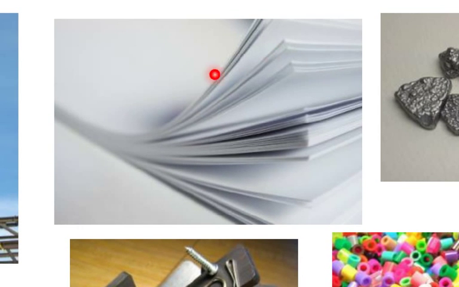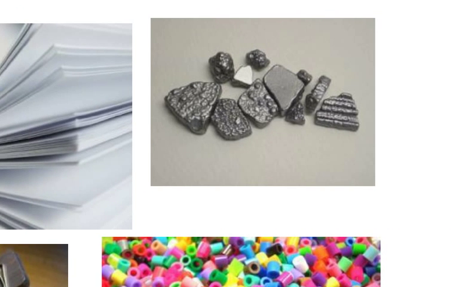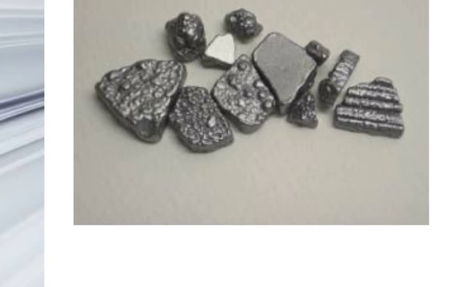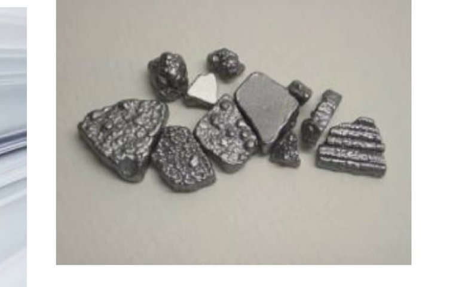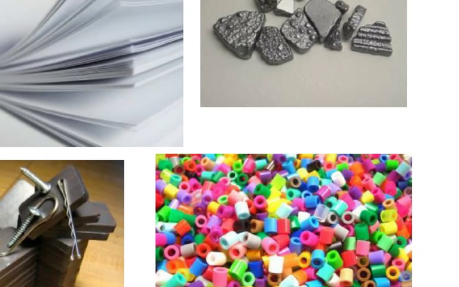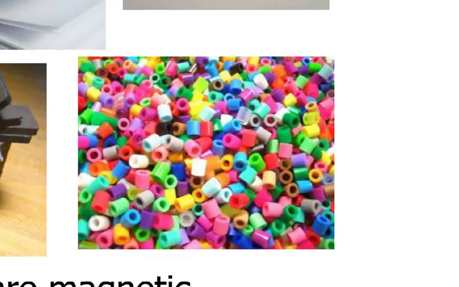Magnetic or not magnetic? Yeah, not magnetic. You know that already. This one you might not know what that is. That is little bits of iron. Iron metal. Magnetic or not? Yes, that's magnetic. Here we have some bits of plastic beads. Are those magnetic or not?